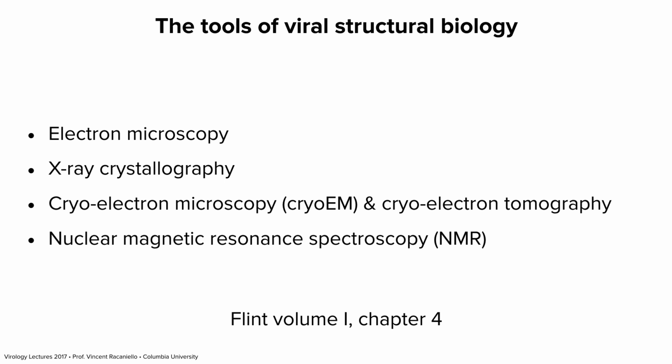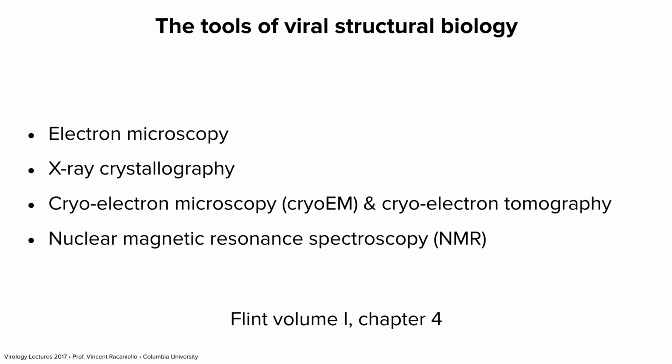We're going to talk a lot about the structures of viruses, obviously, here. And I want to tell you about the tools of structural biology that are used, and they're listed here. Electron microscopy, simply looking at particles for many years, from the 30s up until the 70s, gave us a lot of information. X-ray crystallography, first used for viruses in the 1970s, gave us detailed atomic level information about how viruses were made up.